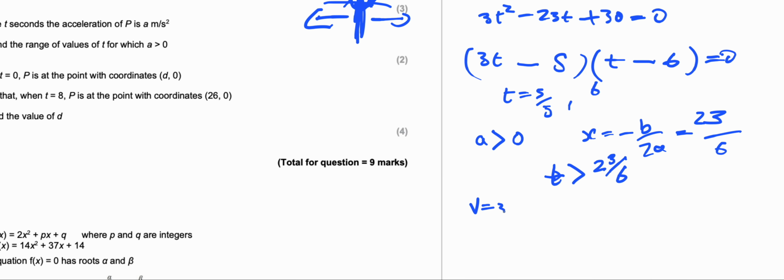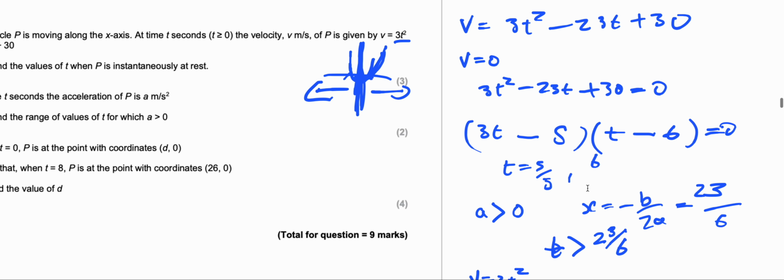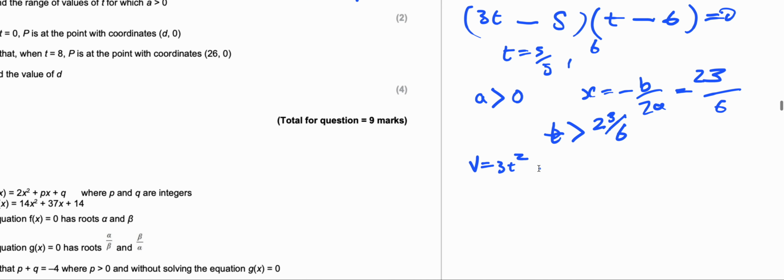So v is 3t squared minus 23t plus 30. Then our value of s is going to be the integral of v. So we're going to add 1 to the power and divide.